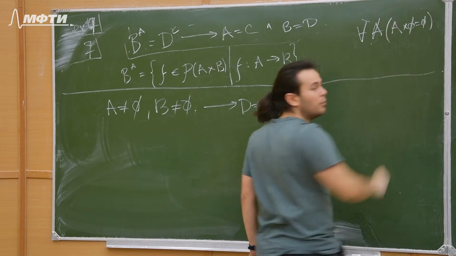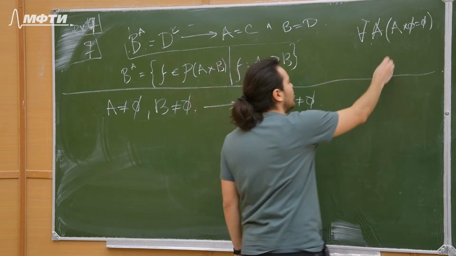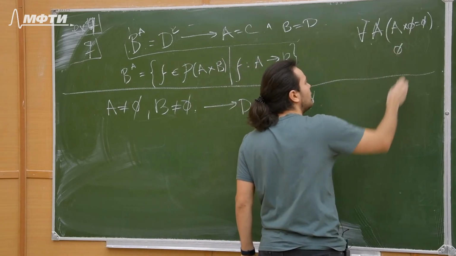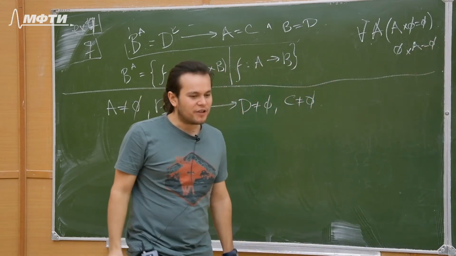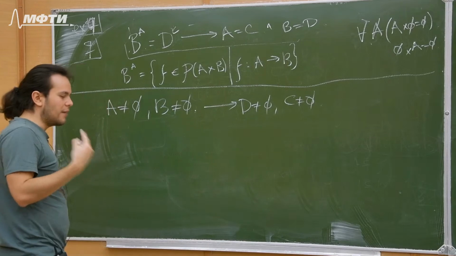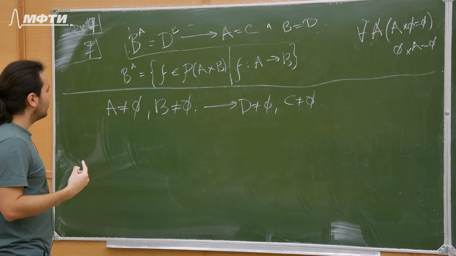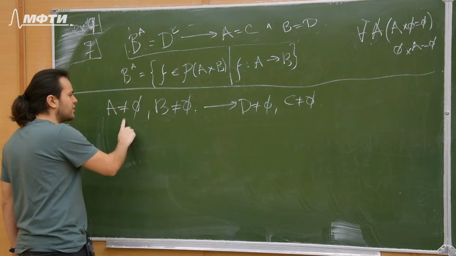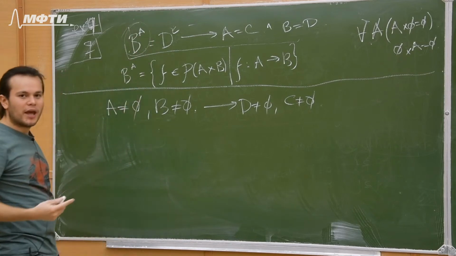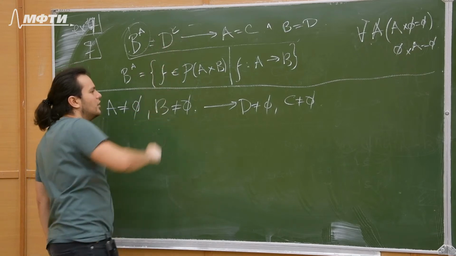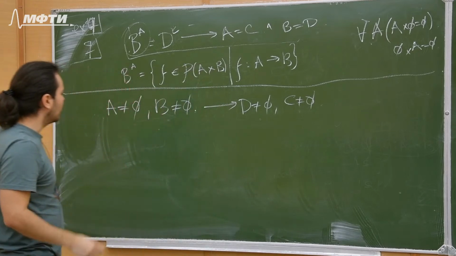We proved this already. And it's the same for the empty set Cartesian product with A. So if in the Cartesian product we have an empty set, then this is going to be empty. So if these two sets are not empty, then B to the A is not empty. It means that D to the C is not empty, so D is not empty and C is not empty as well.